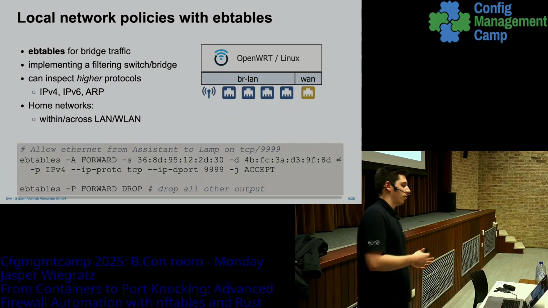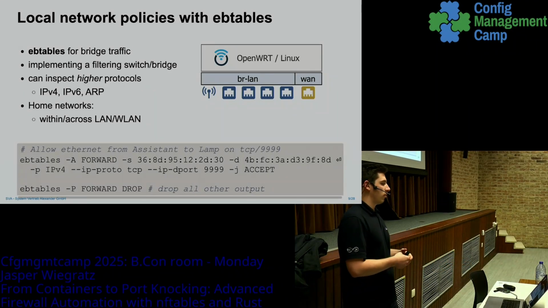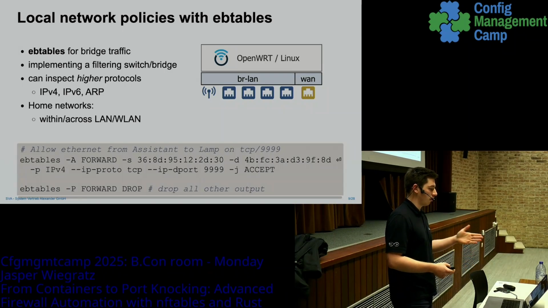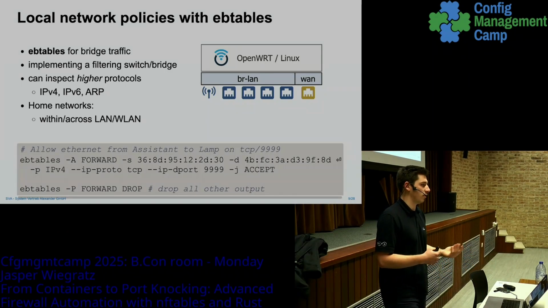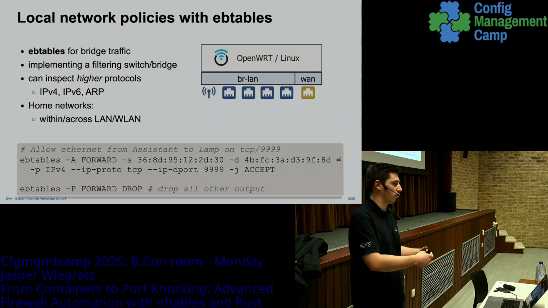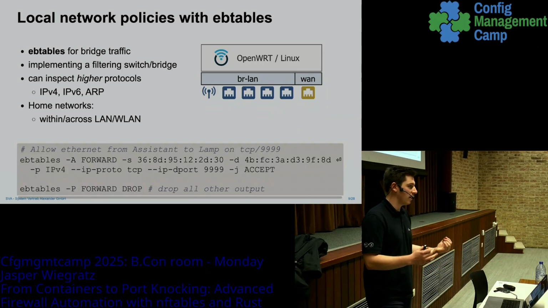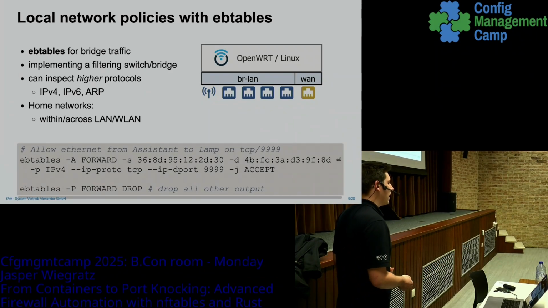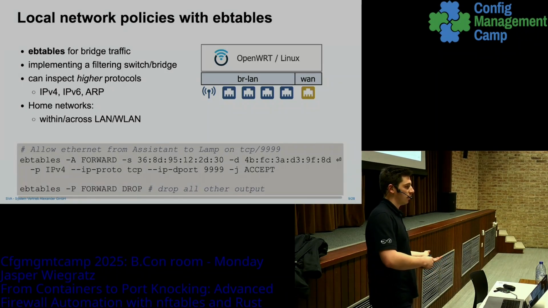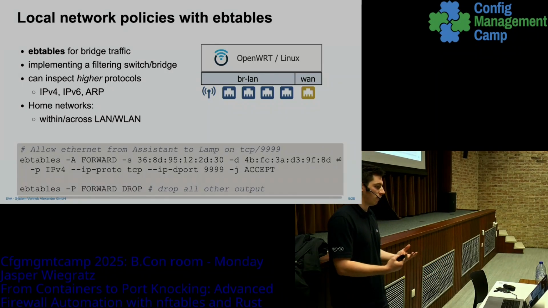So what we can do with ebtables, if we convince the kernel that it should put all the Ethernet frames on the bridge into the kernel, we need this hook. It's disabled by default because it's adding a lot of stress to the router to think about all the Ethernet frames rather than just offloading it to the hardware, but we can do it. Then we have ebtables. It looks a little bit like iptables, as in you will have a source and a destination. This is by MAC addresses.